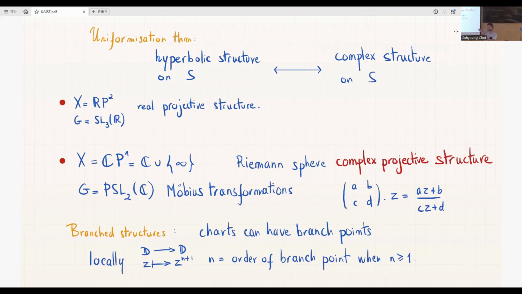When I have a point like that on my surface, where n is at least 1, I call it a branch point, and n is the order of the branch. Those branch points are isolated, and since we're on a compact surface, there are actually a finite number of them.